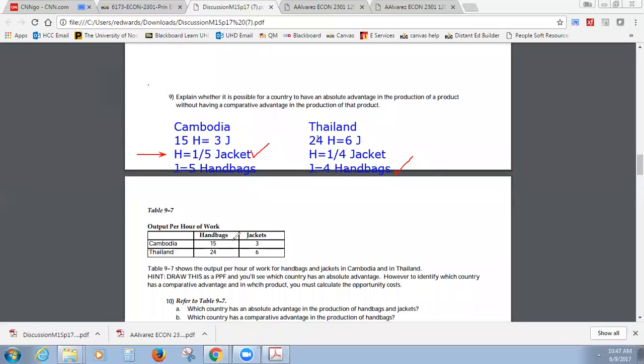Absolutely. Here, Thailand can outproduce Cambodia in both goods. And I know that because if I had graphed them, which is probably step 1, with handbags on this axis and jackets on this axis, Cambodia would have been handbags 15, and Thailand would have been 24.